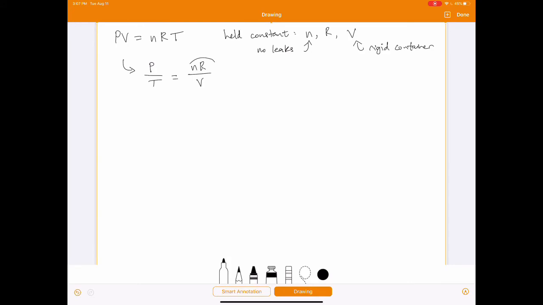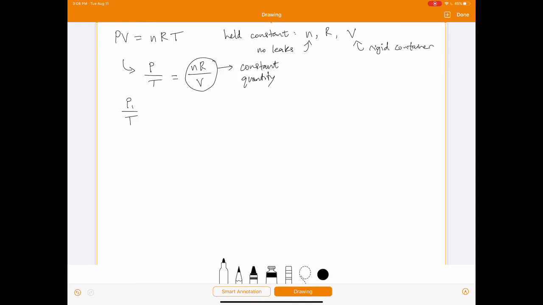But if we circle the right-hand side, we notice that n, R, and V are all constants, which means this whole thing is just one big constant quantity. So that's telling us that P over T is a constant. It stays the same throughout this process.